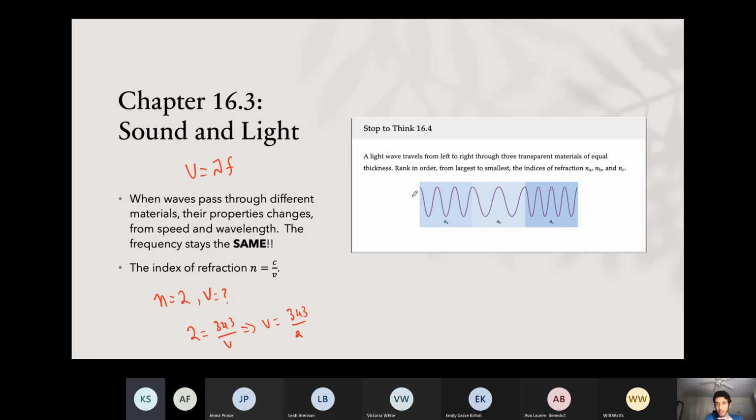Then it gets to something denser, because vacuum has no density. You get to some material that is more dense than vacuum, so the wavelength decreases. Here, this is the wavelength. Then going from nA to nB, you see that the wavelength increases. Does that mean it's more dense or less dense?